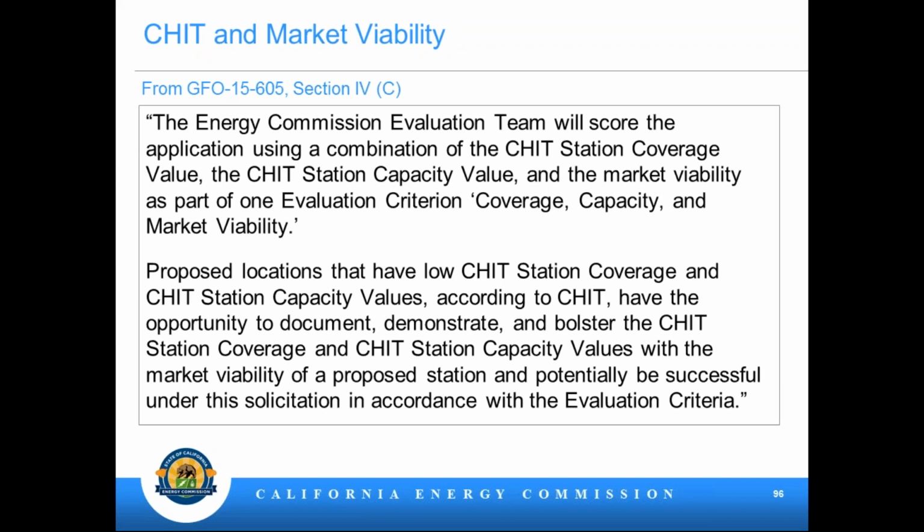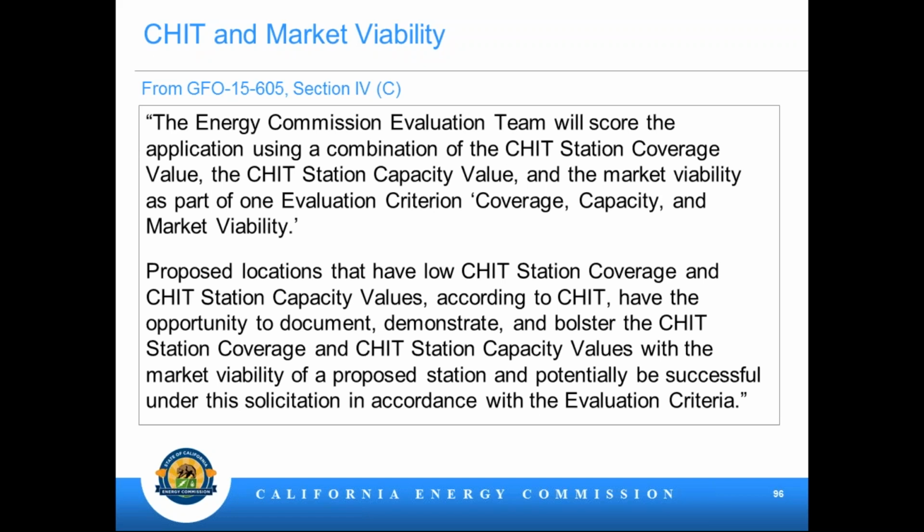As I have already said, there were 7 other criteria that were more in the market viability category of this criterion, and that's what we're going to get into now. Really, I think these market viability categories were the way for applicants to talk about how their proposed station location was special.